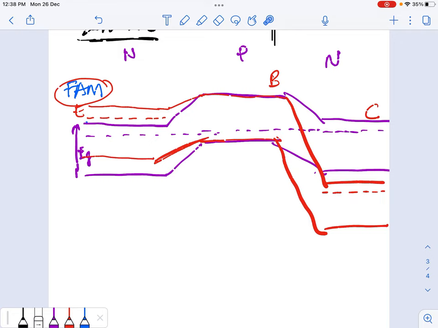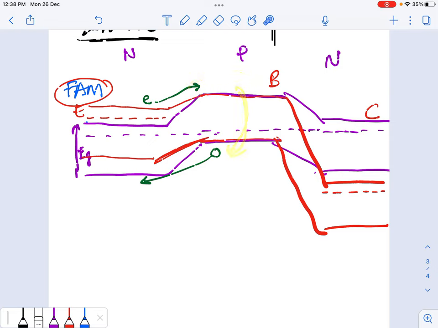So what will happen now? Let's talk about the carriers. Again, similarly you can explain it like the structure just now. Electrons will diffuse from the emitter to the base. Holes will also diffuse from the base to the emitter. Some of the electrons, when they enter the base, will recombine with the holes over here.